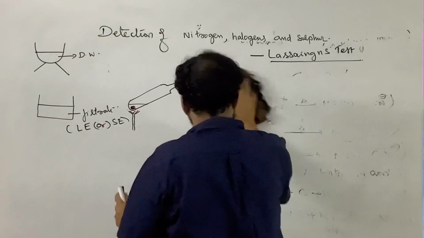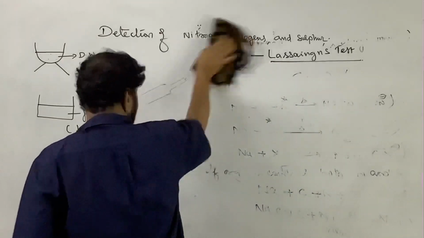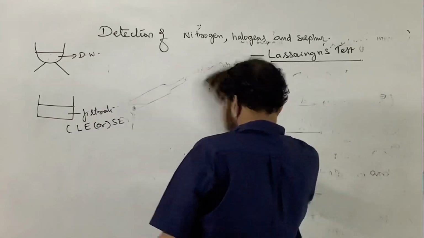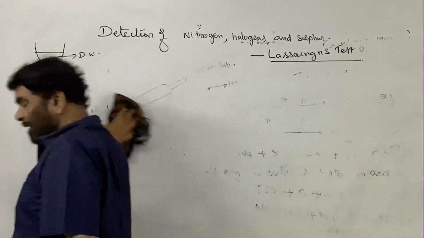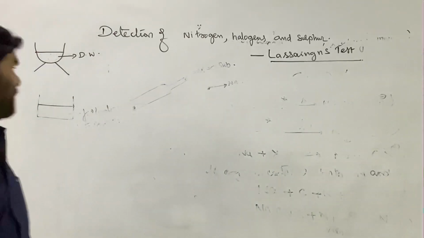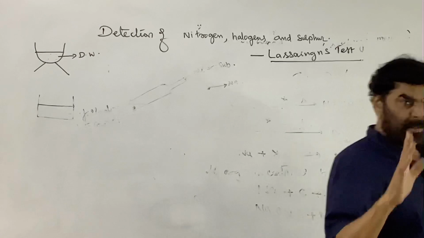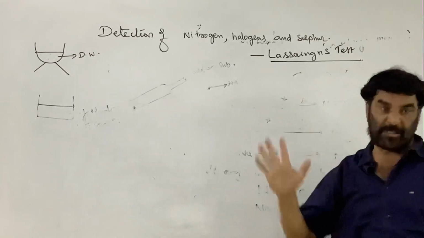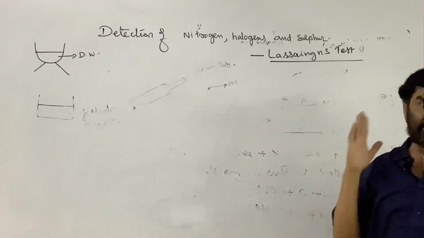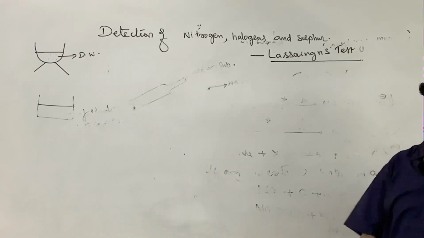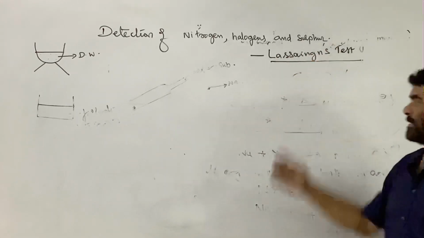For identification, a direct test is not possible. Directly, by conducting the test on the organic compound, we cannot detect these elements.